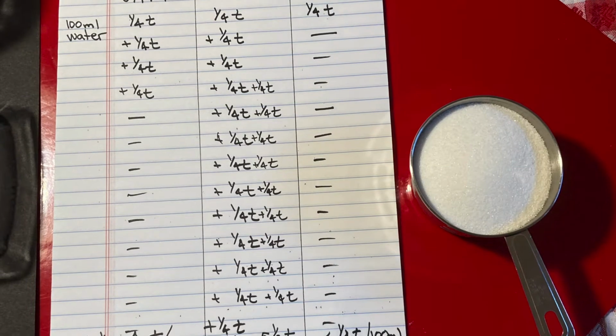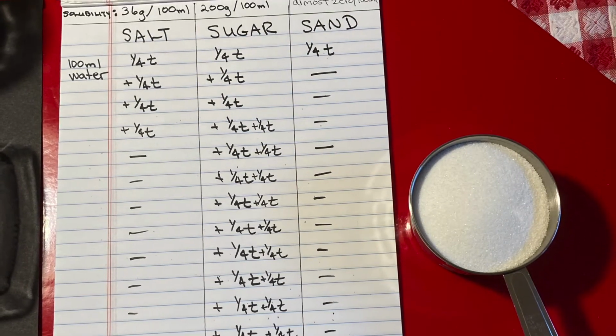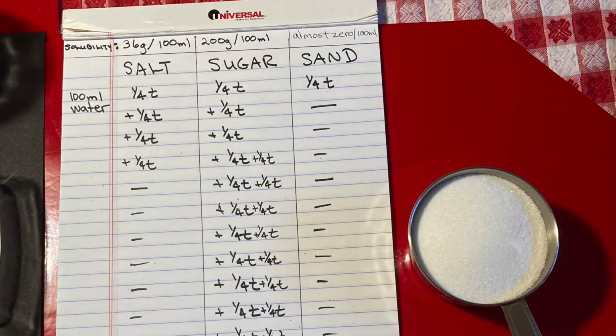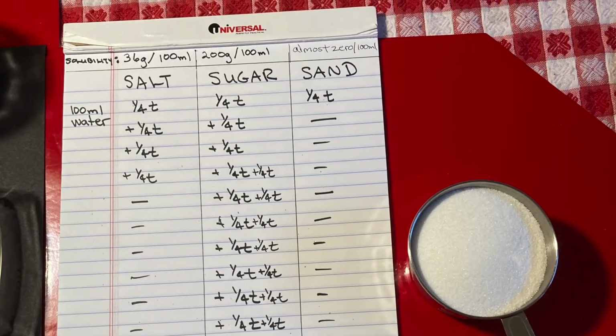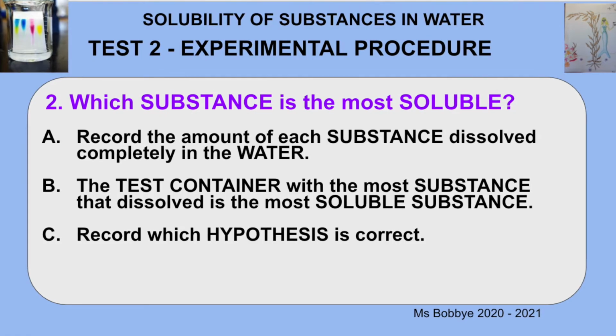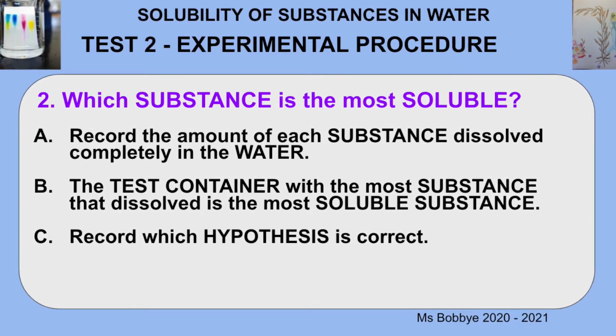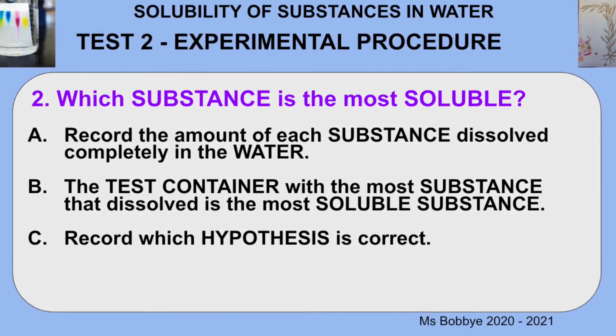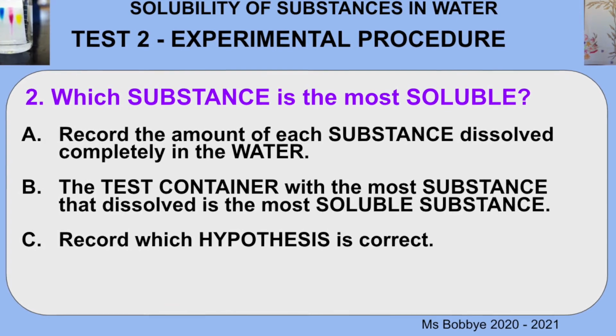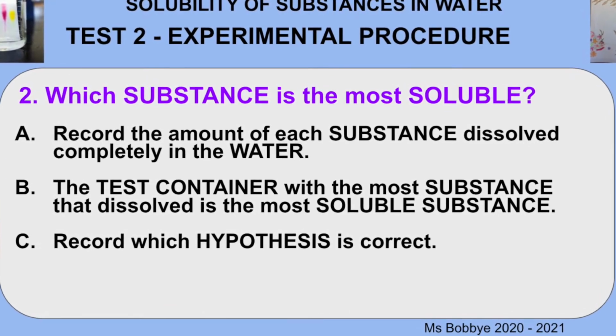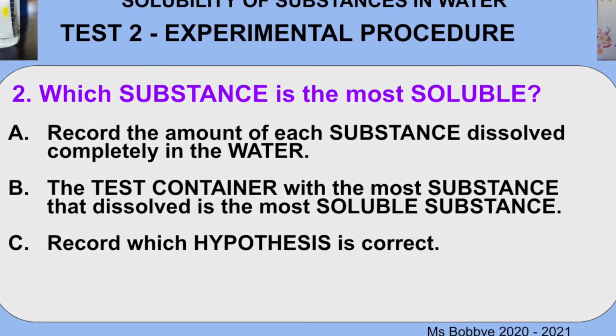I started adding sugar about 1/4 of a cup at a time. To figure out which substance is most soluble, we'll record the amount of each substance that we dissolved in the water, and the test container with the most amount of substance is going to be the most soluble.